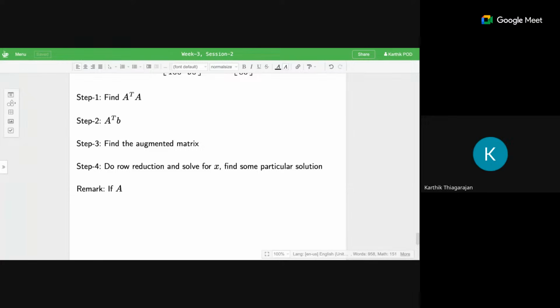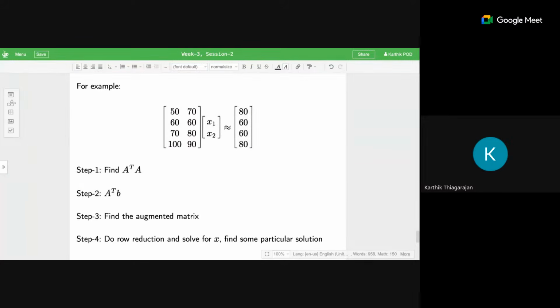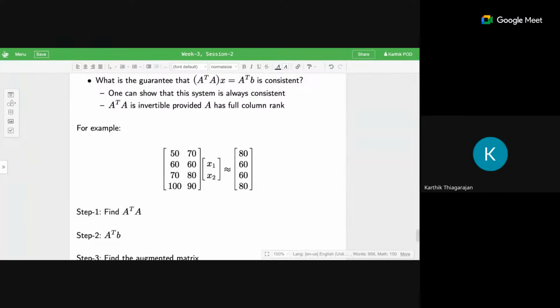Here's the catch. If A has full column rank, it need not mean that your original system is consistent, right?